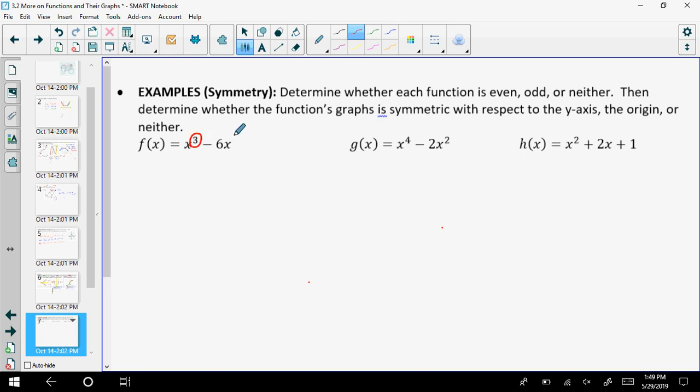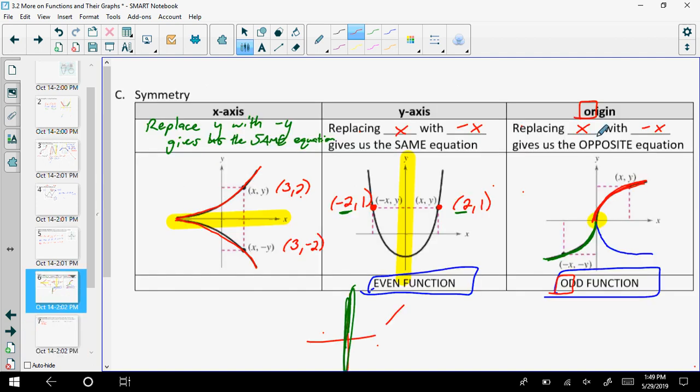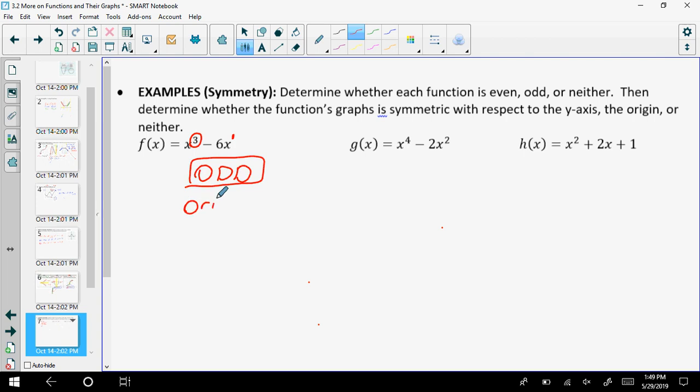So we have a 3 and technically there's a 1. If all of the exponents are odd, then this is an odd function. And we know then if it's an odd function, that means it has origin symmetry. Which, if I had to graph it, would give me an idea of what the graph could look like.